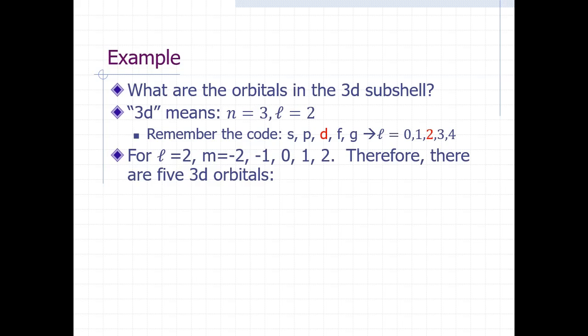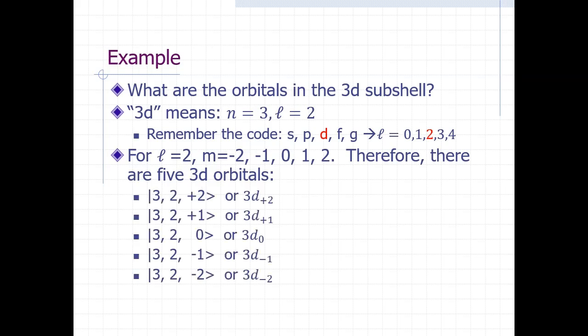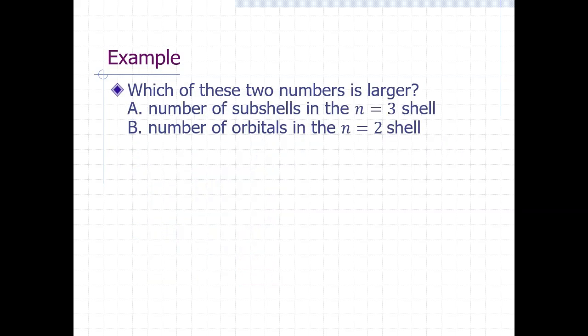Therefore, there are 5 possible 3D orbitals. All of these have n equals 3 and L equals 2, but they differ in the m quantum number. We can refer to these orbitals as 3D plus 2, 3D plus 1, 3D 0, 3D minus 1, and 3D minus 2.